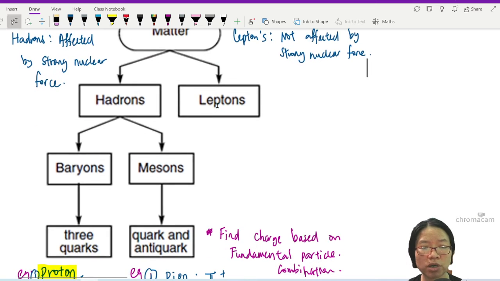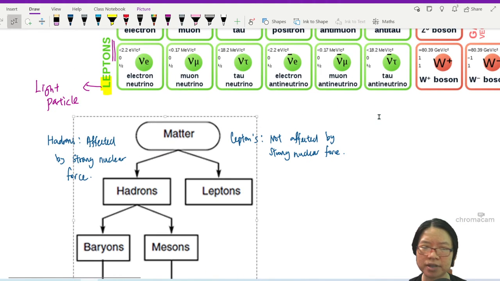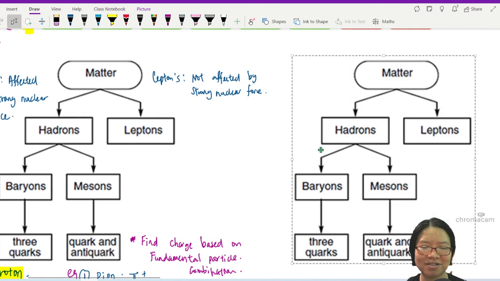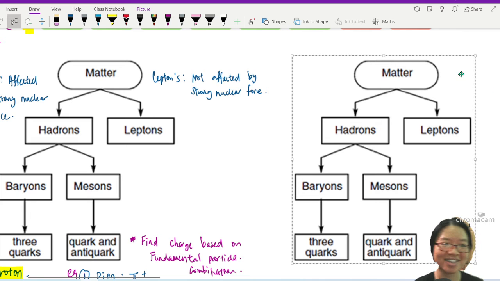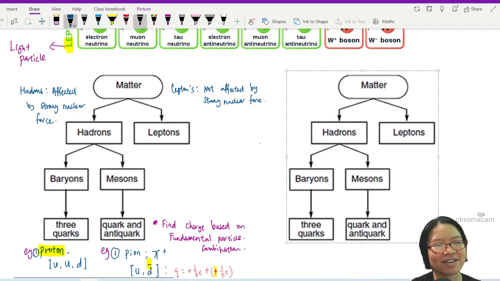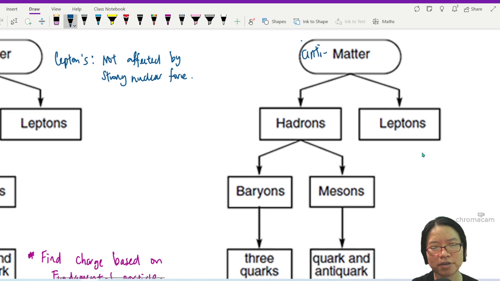Okay, so if you're wondering, if we can classify matter, can we also classify antimatter? Of course. So I'm just going to paste this here, and then I will add the word anti in front of all of our little things here. So this matter can be called antimatter, and this hadron can be anti-hadron, and anti-lepton.